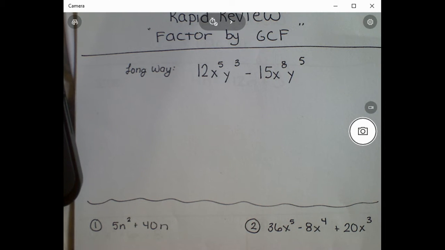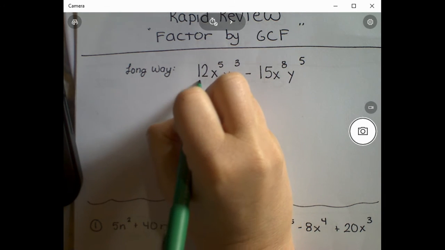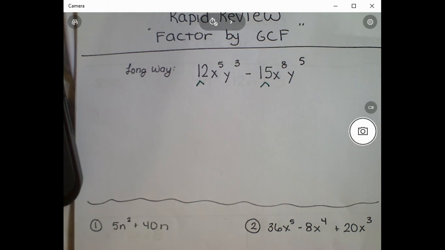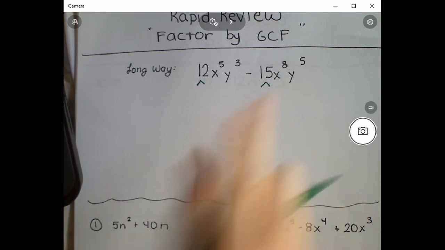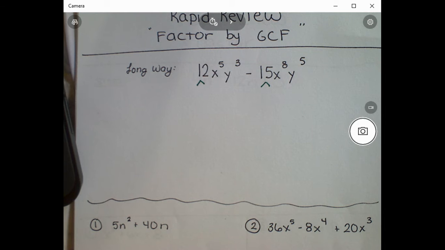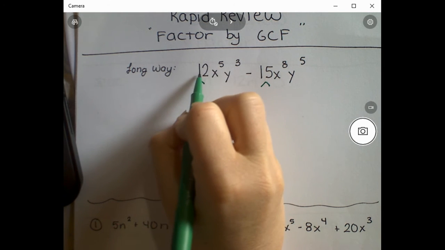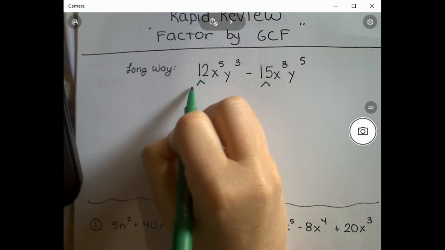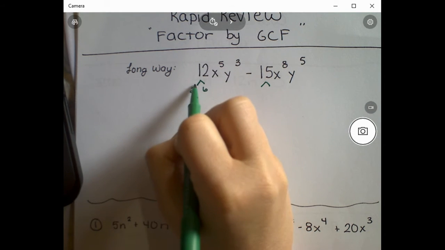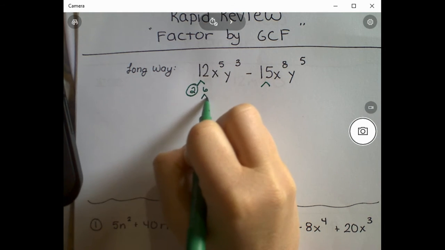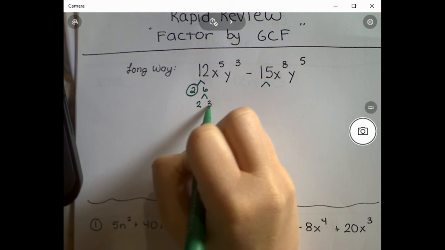So in class, what we did was we kind of broke down our two terms. This is one term, this is another term. So we broke it down into prime factors. So we said factors of 12 could be 2 and 6. Okay? 2 is a prime number and 6 is 2 times 3.